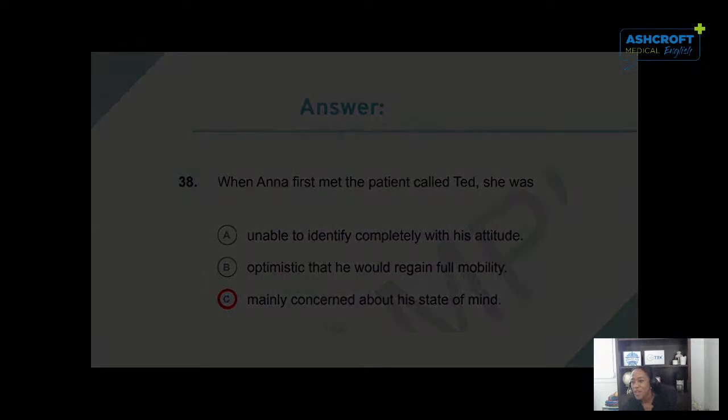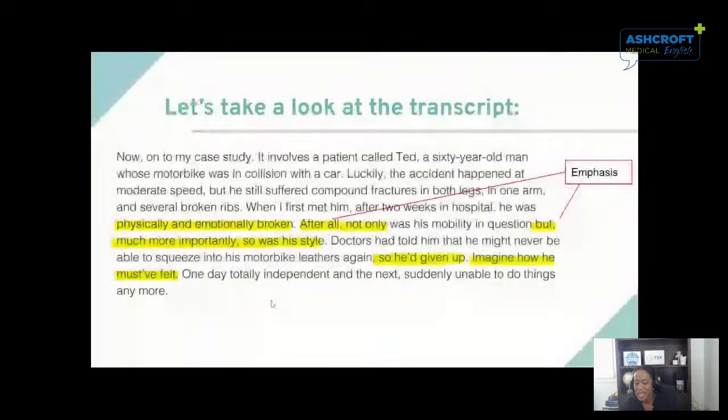So we're going to have a look at the transcript here. And what I've done is highlighted some of the key words and phrases and how she's used signposting language. So, for example, here she's using signposting language, really emphasizes what she's about to say.